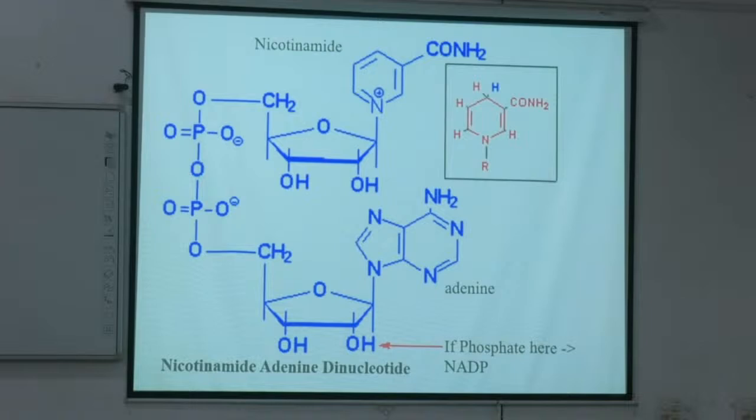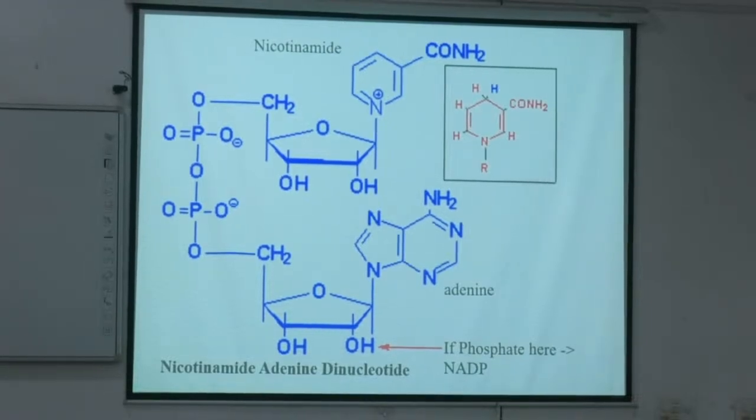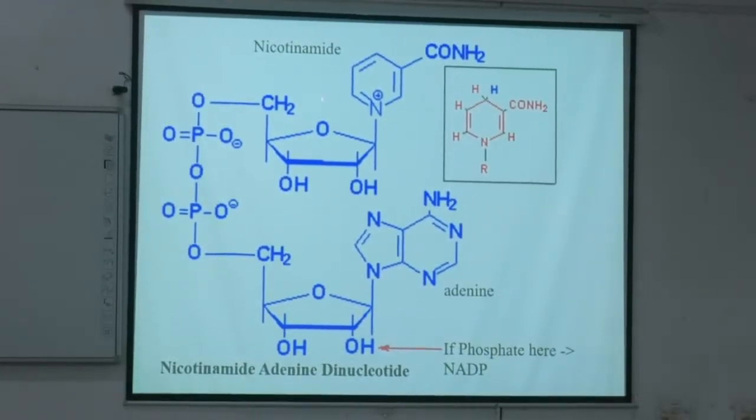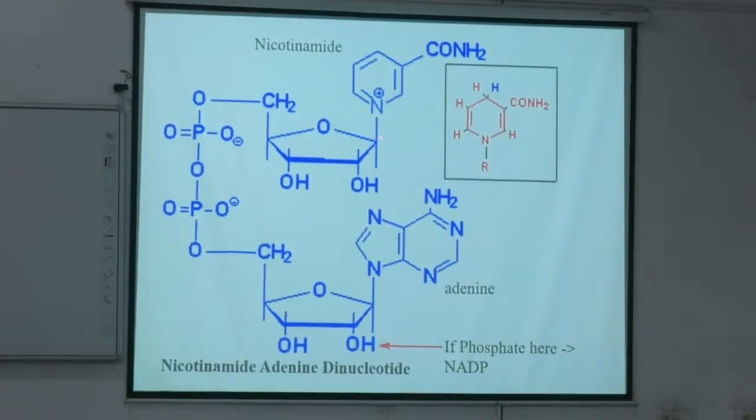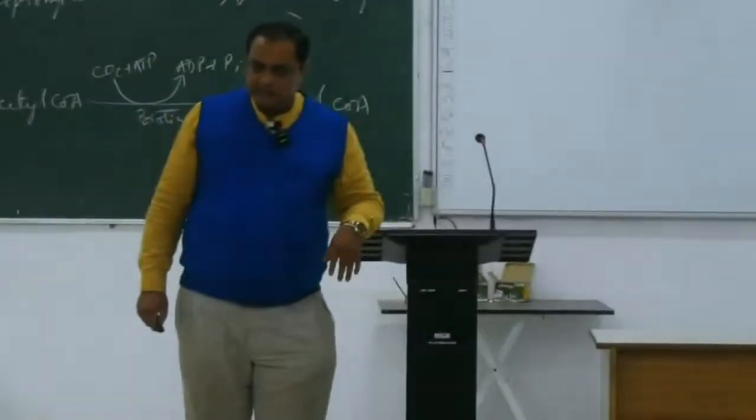What are those two nucleotides in the structure? What is this? Nicotinamide. To this is attached ribose, phosphate. And what is this? It looks like a nitrogen base.